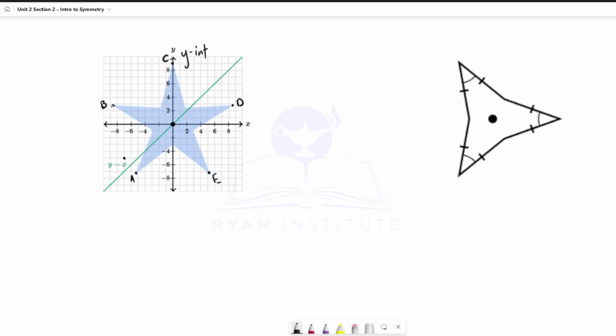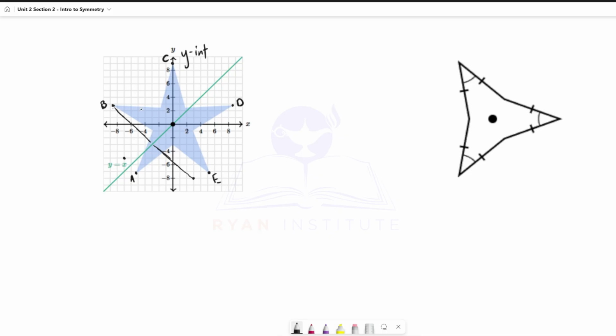B is about 1, 2, 3, 4, 5, 6. So we're going to go about 6 across. Should end up somewhere around here.